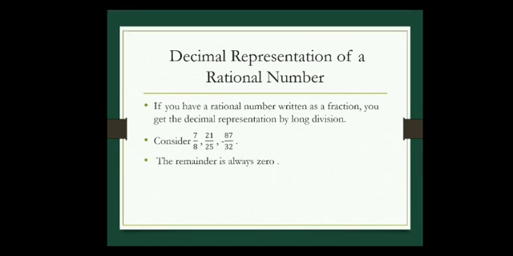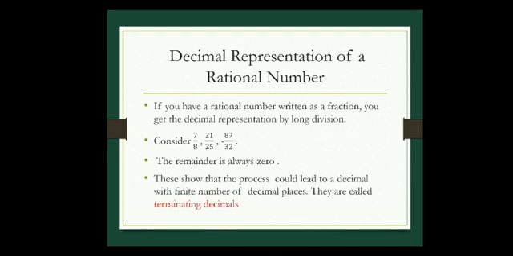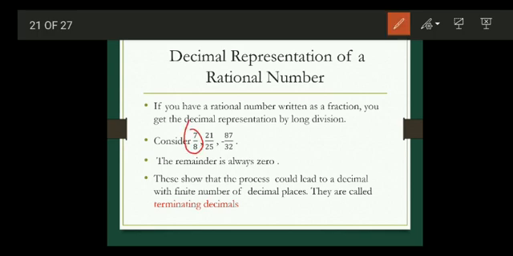When you get remainder as 0, the decimal will have a finite number of decimal places, right? So if a decimal has a finite number of decimal places and you get remainder 0, those decimals are called terminating decimals. When you divide 7 by 8, you got 0 point something, and you got remainder 0, and the decimal has a finite number of places.